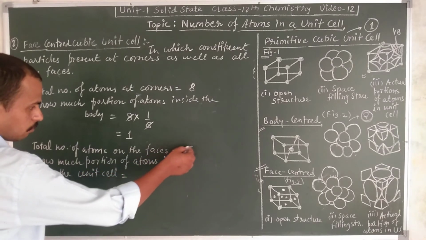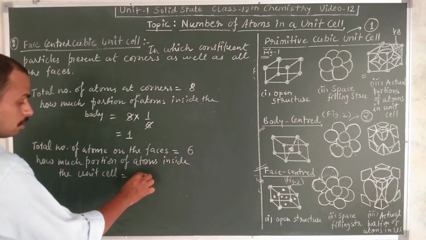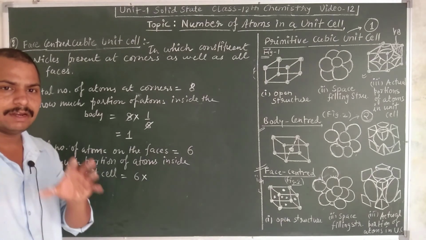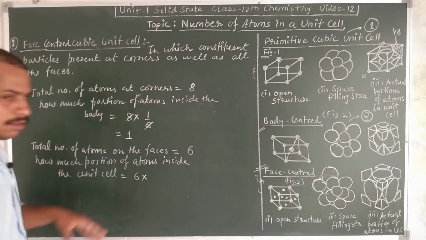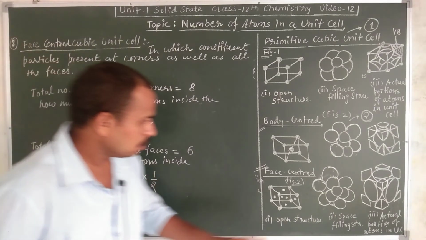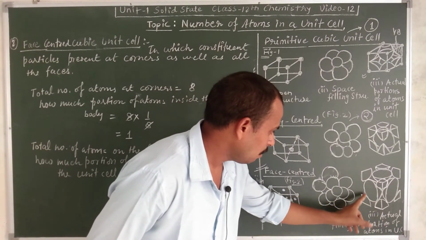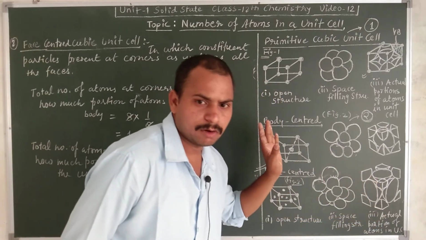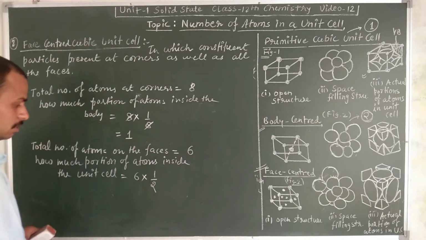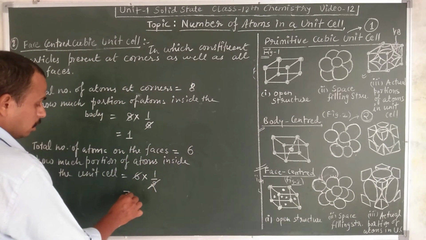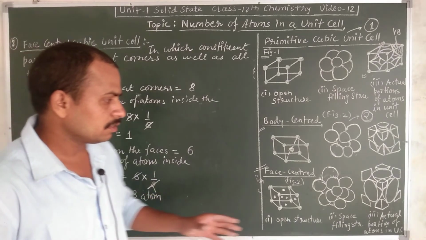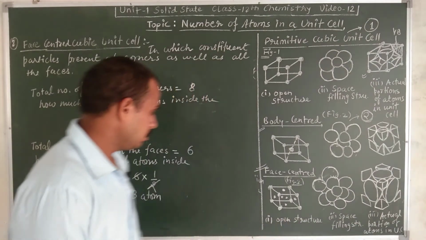So total number of atoms on the face is 6, and how much portion of one atom present inside the body? So 1 upon 2 part. So this is half part inside and half part outside the crystal, outside the unit cell. So 3 atoms present on the faces.